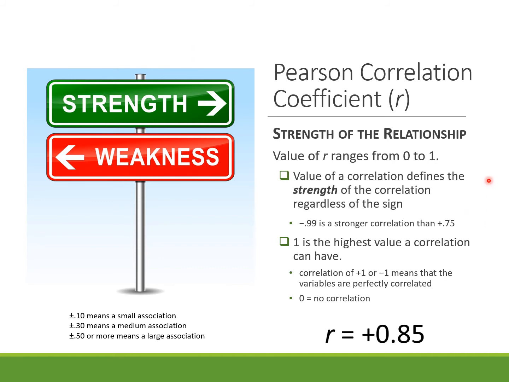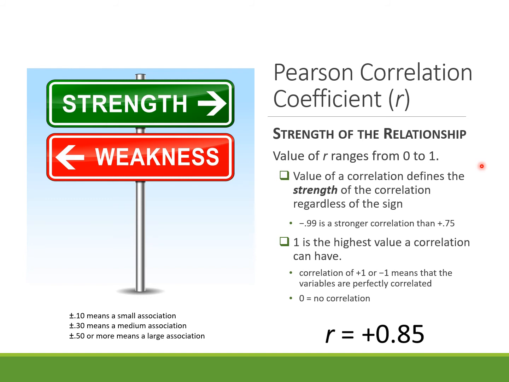The value of the R ranges from 0 to 1. It actually will range from -1 to +1. If we're not thinking about the negative or the positive, but just that value, it's going to be from 0 to 1. Back in our early math classes, we called it the absolute value. We don't really see that a lot here, but that's what we're talking about.